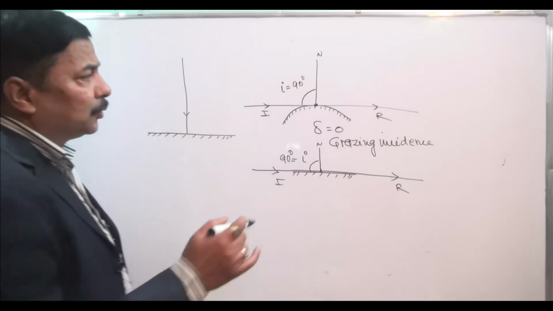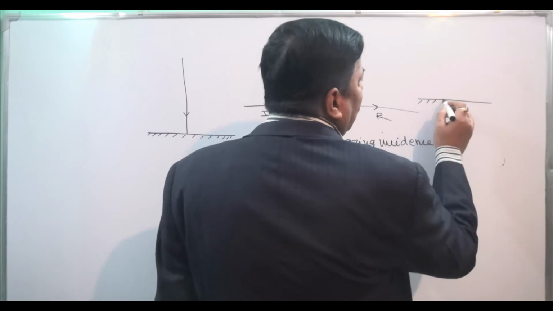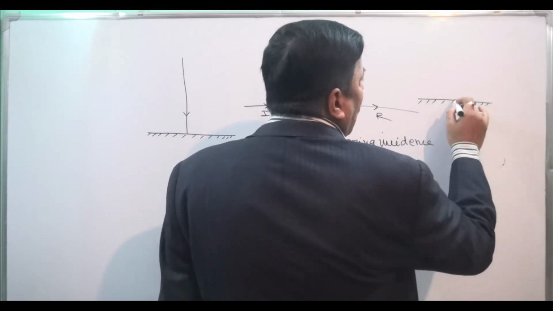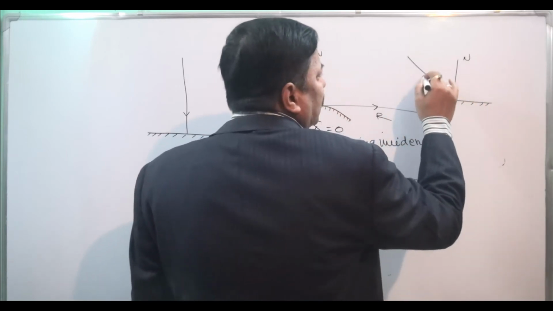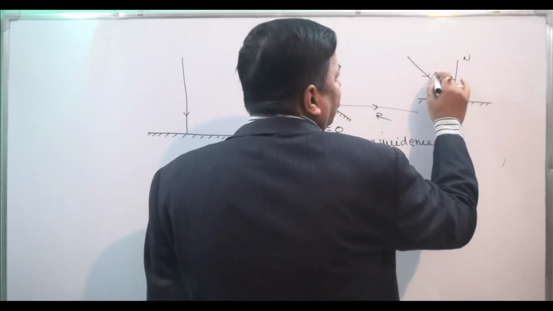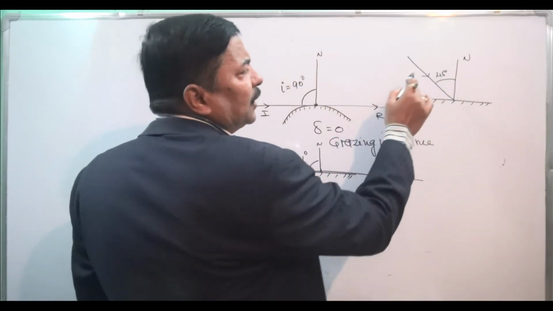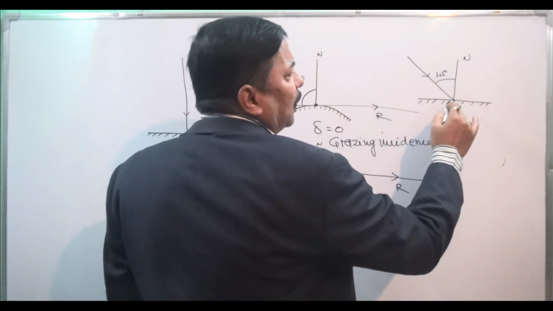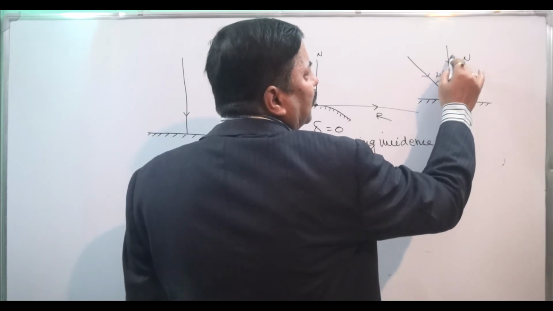Why? Here you see, if this is the reflecting surface and this is the normal, suppose this angle is 45 degrees. So the incident ray makes 45 degrees with the normal; if I move it in this direction, suppose it is 5 degrees.